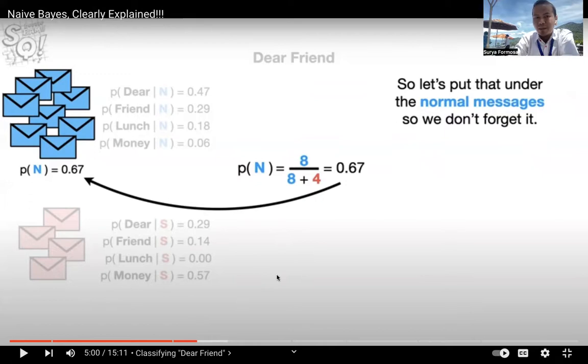And in contrast, the probability of spam is 4 divided by 8 plus 4, which is 0.33.